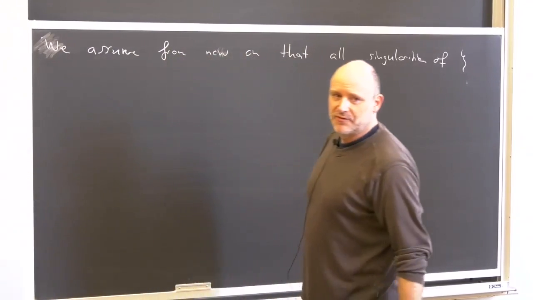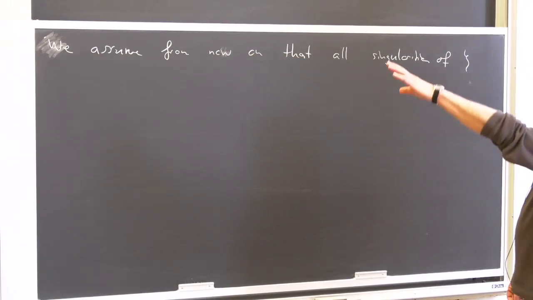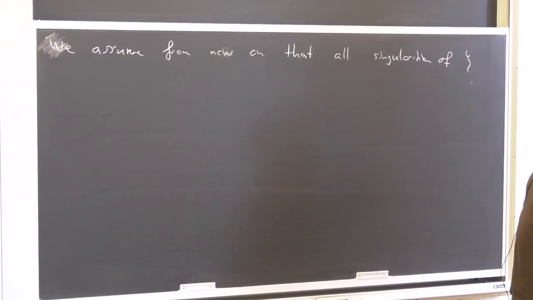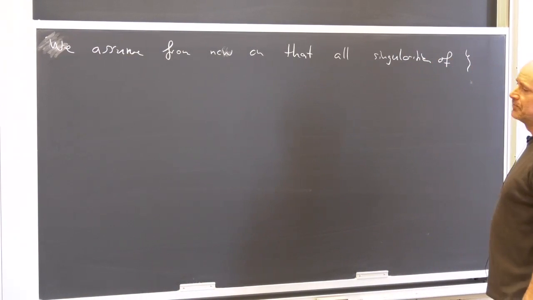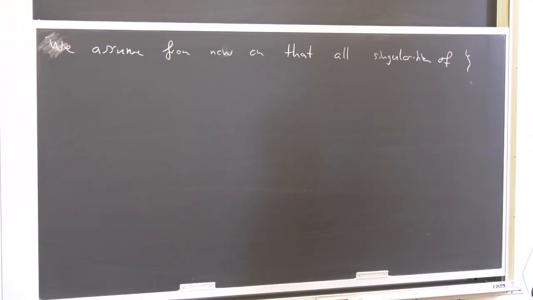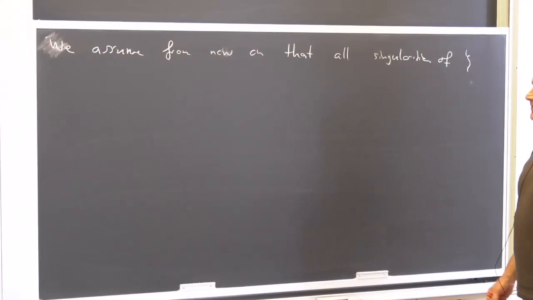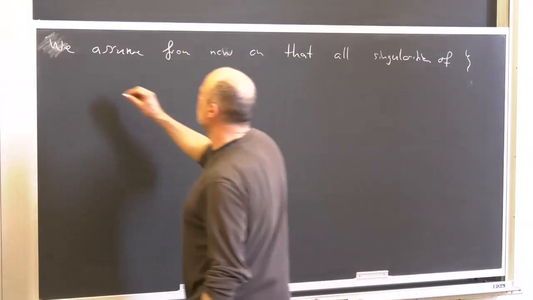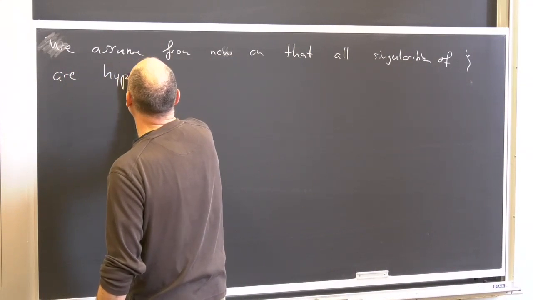Everything else I'm putting under the saddle node case. In that case, you can also have saddle or node entirely, but it doesn't matter. Okay, thank you. The node case doesn't give us anything interesting to look at. So we assume from now on that all singularities of C are hyperbolic.